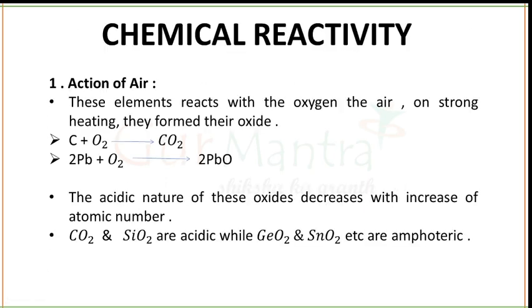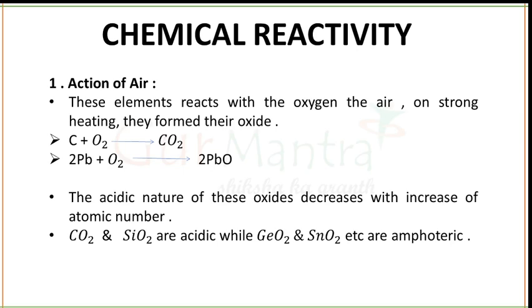Next is chemical reactivity. We are going to study two cases: the action of air, and second, the action of halogens. Number one is the action of air. These elements react with oxygen, the air, on strong heating. When heated in the presence of oxygen, they form the oxide.